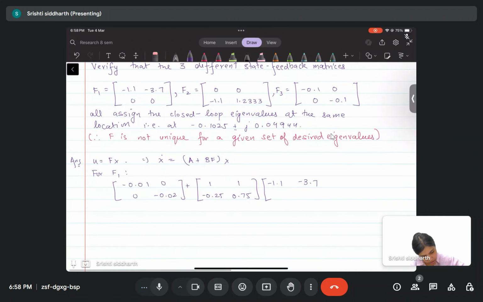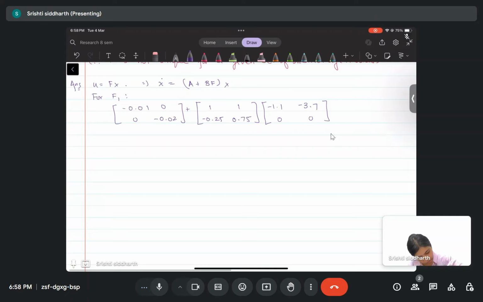And F1 is -1.1, -3.7, 0, 0. This is just a diagonal matrix. Alright, so we have -1.1, -3.7, and we have, okay, so I'll just calculate this.